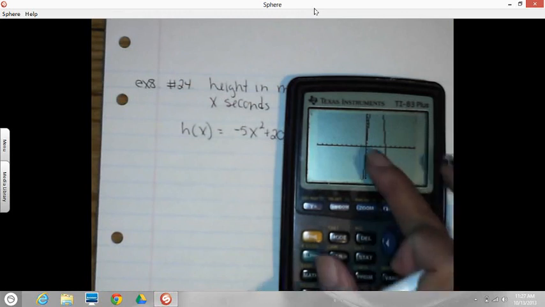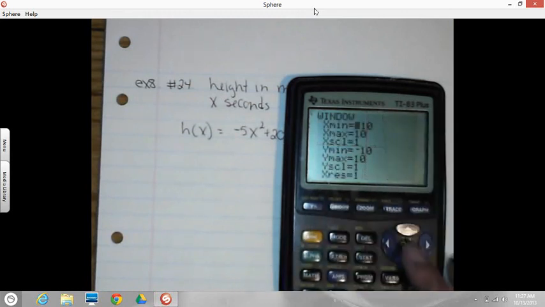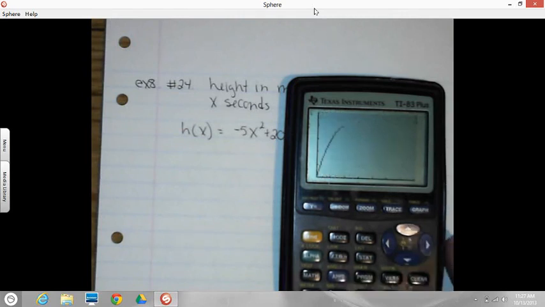Okay, this is the part where we want to see it, so I'm going to change the window a little bit. 0, probably 7. The y, 0, that went up a little higher. How high can he throw his book up in there? How mad is he? 25? Let's see. Oh, yeah. Okay, there goes his book.